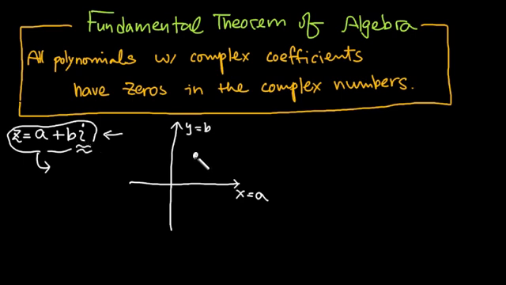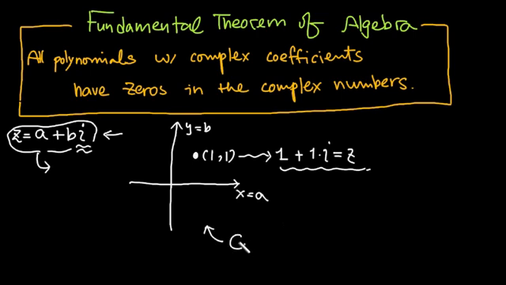So if you're looking at (1, 1) in the xy coordinate plane, that actually corresponds to 1 plus 1 times i, a single complex number. This entire xy plane represents all the complex numbers, usually denoted by boldface C.